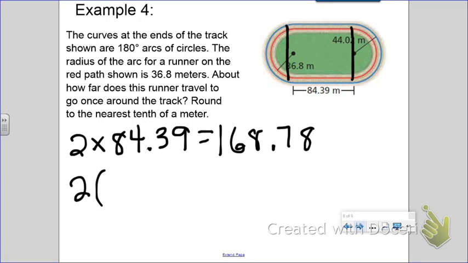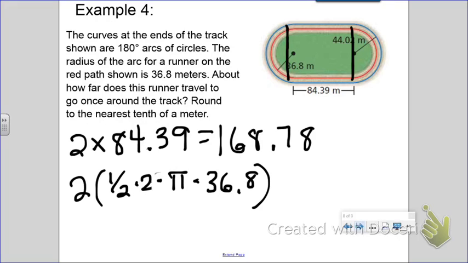Then we have 2 of the half circles, so 1/2 of 2 pi times the radius. The radius is 36.8. 1/2 and the 2 will cancel.